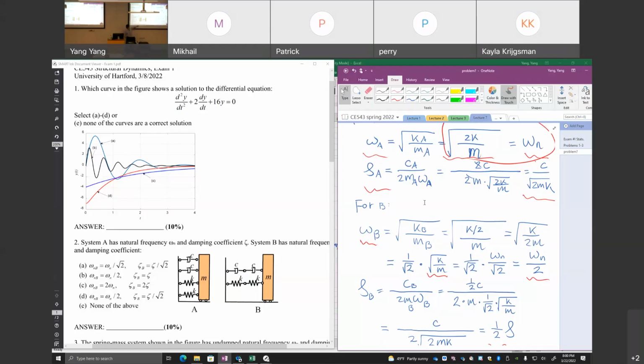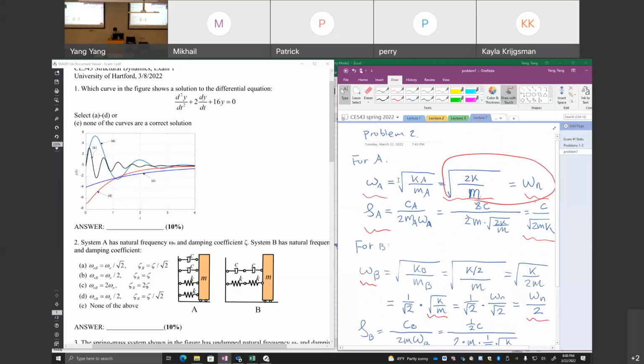So to calculate the natural frequency of system A, omega A, it should be the square root of Ka over Ma, to avoid confusion.